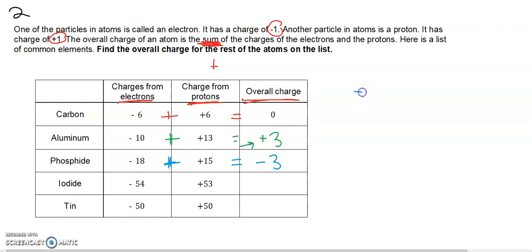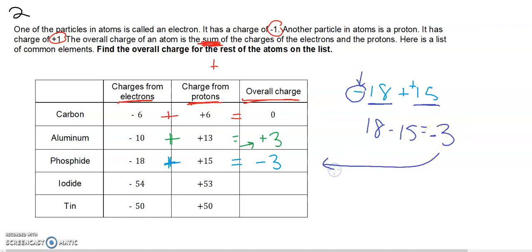This is just a review for all y'all: when you're adding numbers with different signs, you subtract the numbers and then keep the sign of the larger one, which in this case is the 18, so you keep that negative sign. So we have 18 minus 15 is equal to 3, and then we have this negative sign, so my answer for this is going to be that -3.